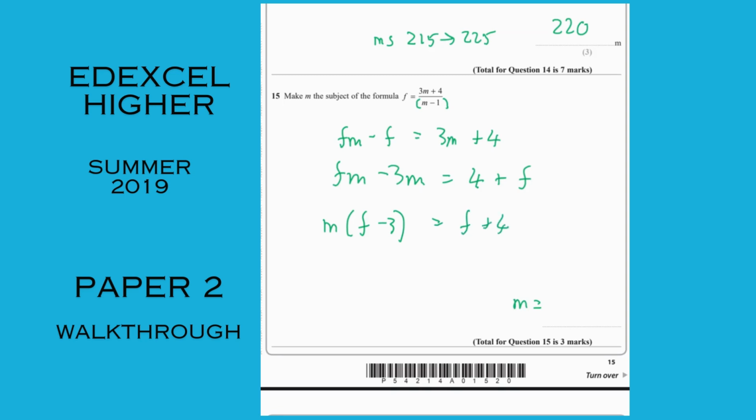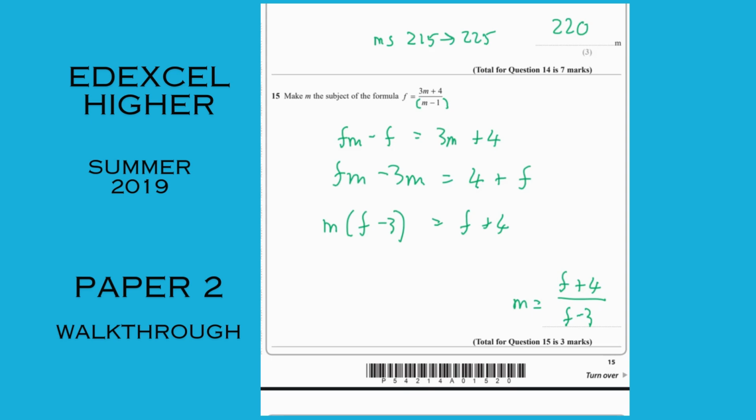And basically, folks, we're there. The f plus 4 is the numerator, and we divide by the brackets, so the f minus 3 goes on the bottom.